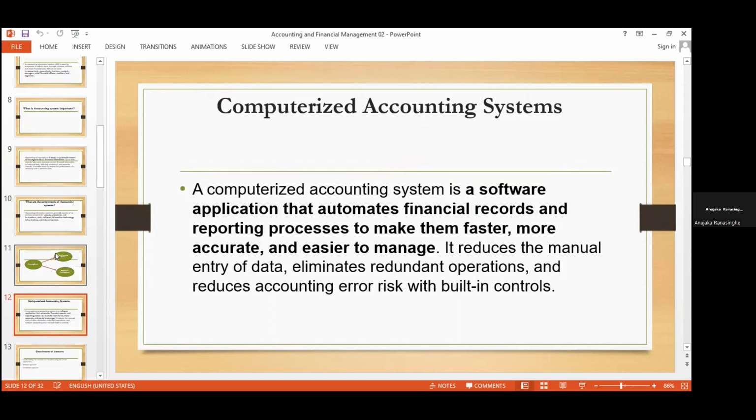Examples are Tally, QuickBooks, and Excel books. We only enter the data, and at the end of the month, quarter, or year, the computer prepares our financial statements.